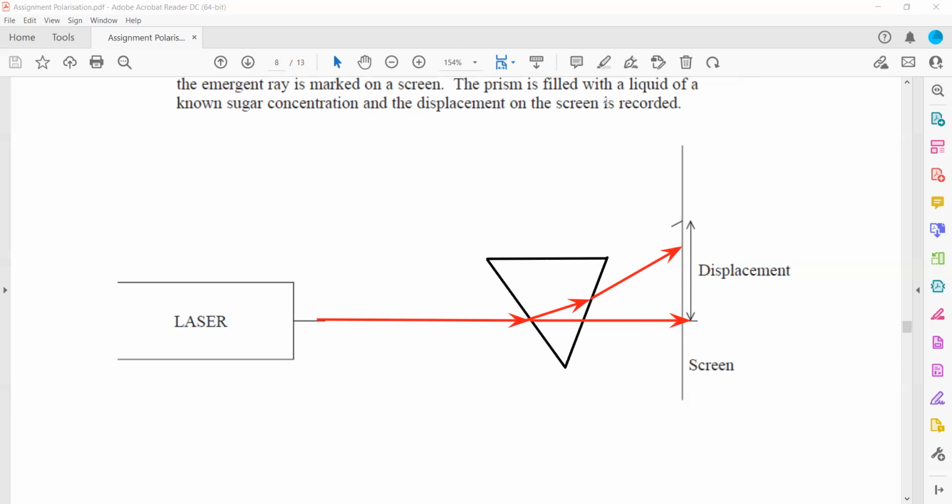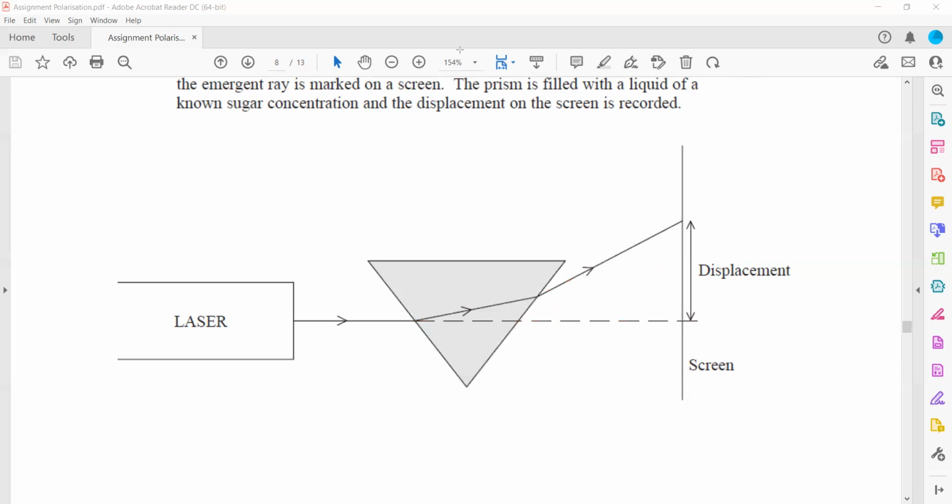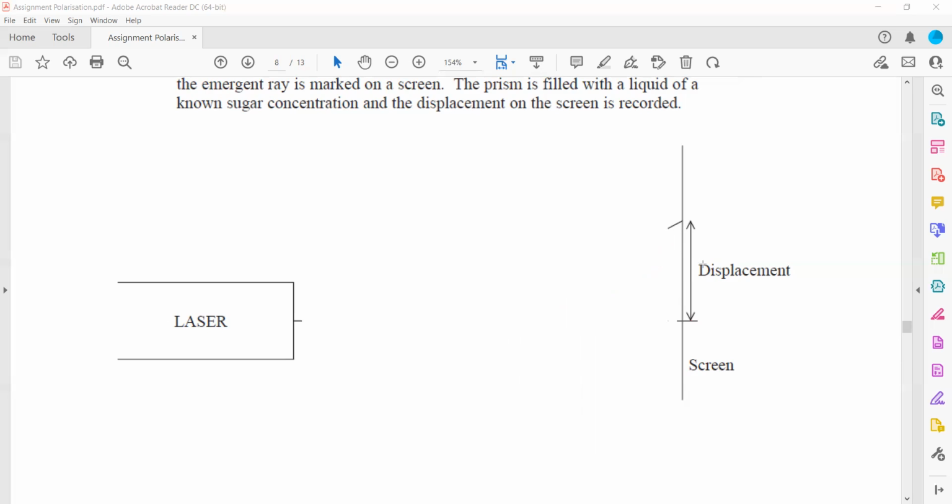Same thing if the prism is placed away from the screen, and more towards the source of light or the laser.